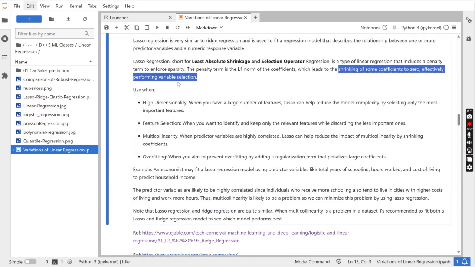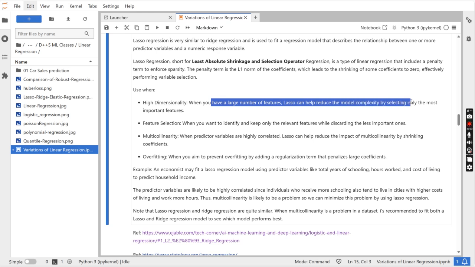Again, when to use lasso regression? If you have high dimensionality, that means the number of features is high, like 100 features, and let's just say 1000 rows of data, and you don't know how to reduce them further, you go ahead and use lasso regression.